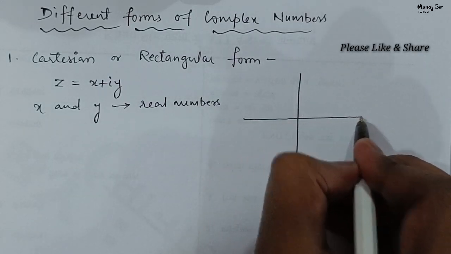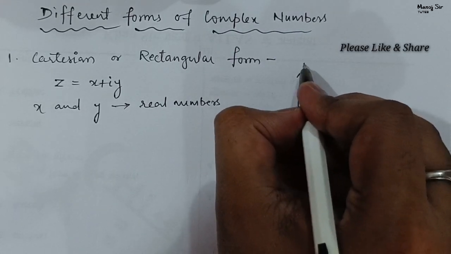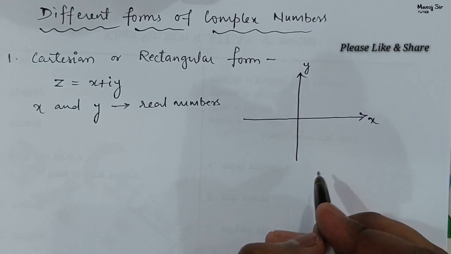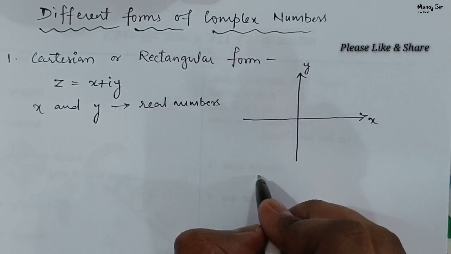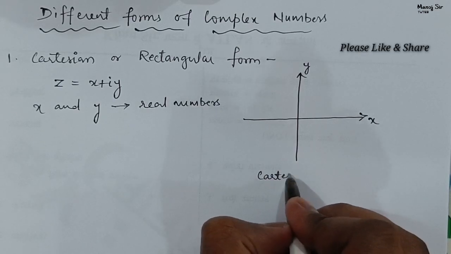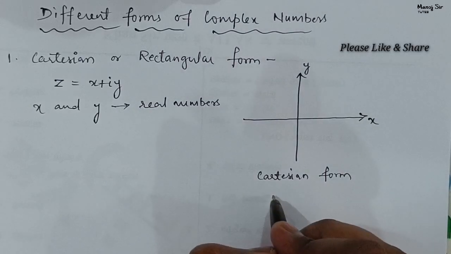Let us plot the x-axis and y-axis. This is the x-axis and this is the y-axis. What we are trying to represent is the Cartesian form representation.